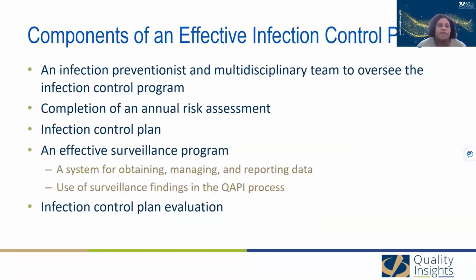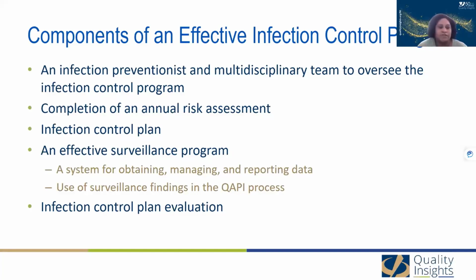So first, we'll talk about the components of an effective infection control program. Number one is having an infection preventionist and a multidisciplinary team to oversee the program. Next is the completion of your annual risk assessment and your infection control plan. The annual risk assessment is the driving force behind the infection control plan and will help guide your efforts for the coming year.